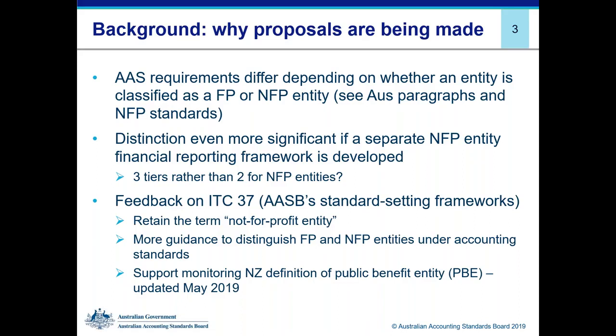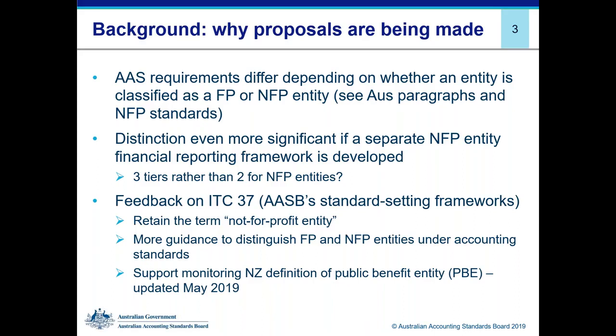Remember that the requirements in standards are based on IFRS standards in the first instance, so that compliance with Australian accounting standards by for-profit private sector entities will automatically mean compliance with IFRS standards. However, IFRS compliance is not so important for not-for-profit entities, and therefore the AASB does make amendments to those for-profit requirements for not-for-profit entities.